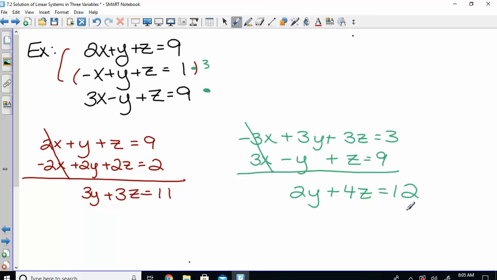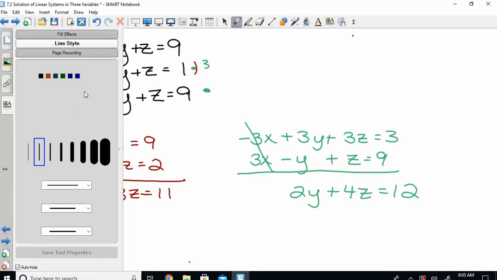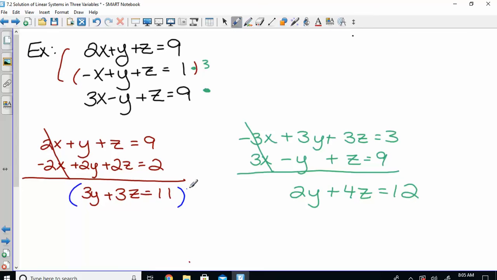So now we have 2 equations that both have a y and a z in them. We need to put those together and eliminate a variable. So what do you want to do? Okay, eliminate the y. So we would have to take this one times a 2 and this one times negative 3.